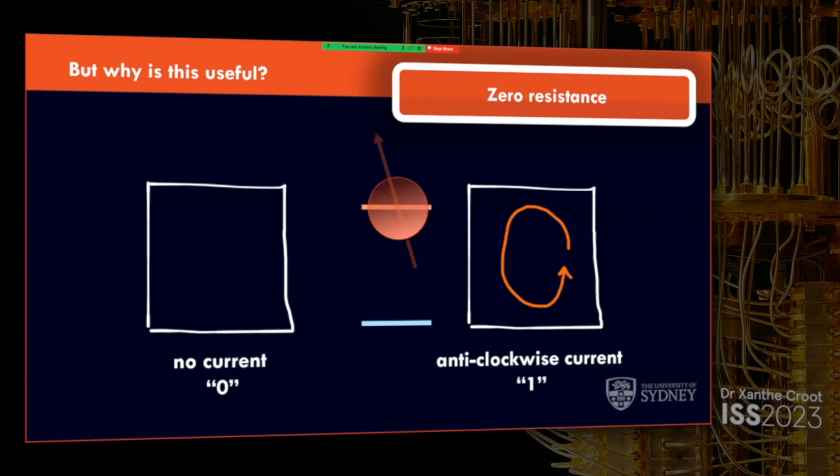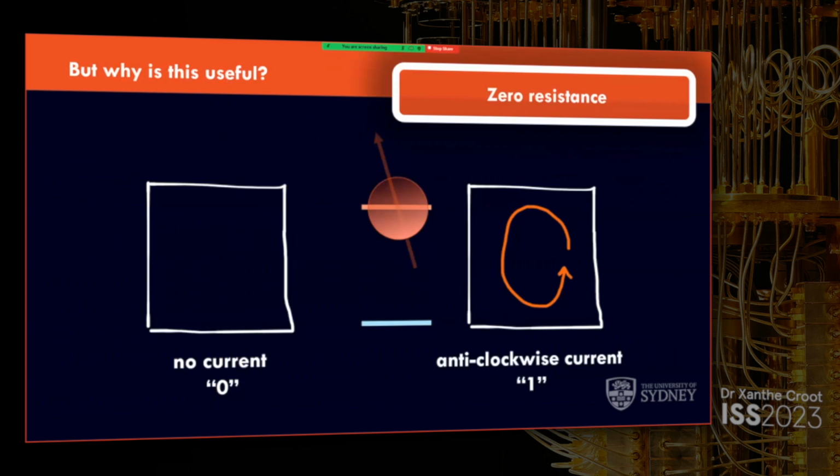So if I put my qubit in the 1 state, I set up this current, there's no resistor to dissipate that energy, and in theory, I should be able to get very, very long T1 or relaxation times, which would be really nice from the perspective of building a quantum computer where I can store quantum information for a long time. Okay, so this is a little bit of an oversimplification.